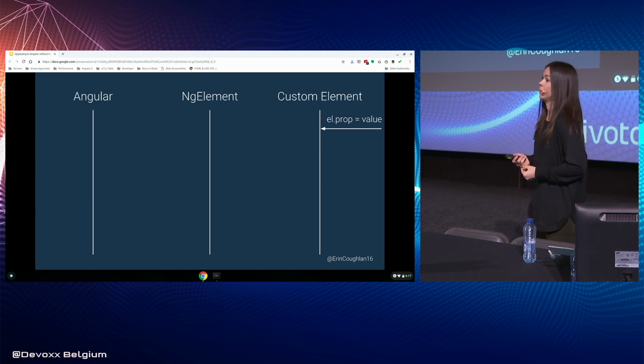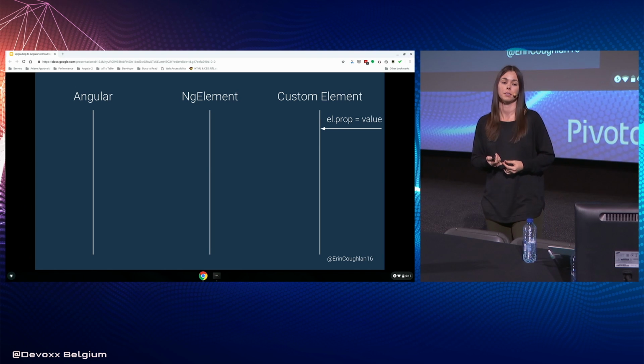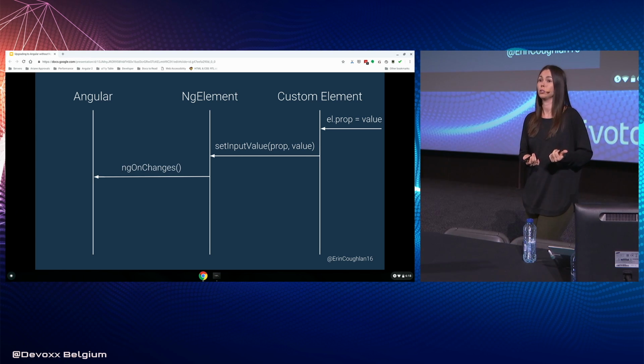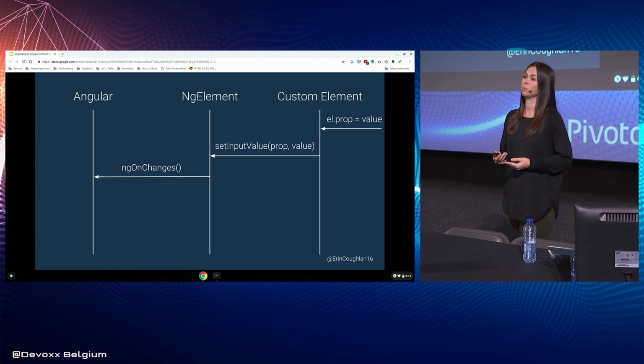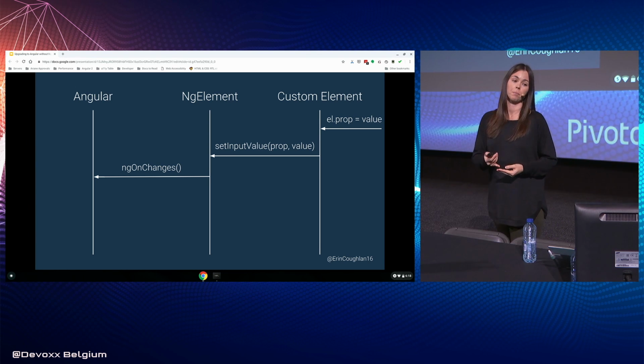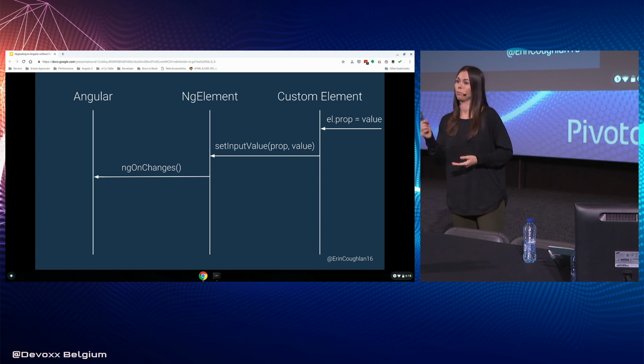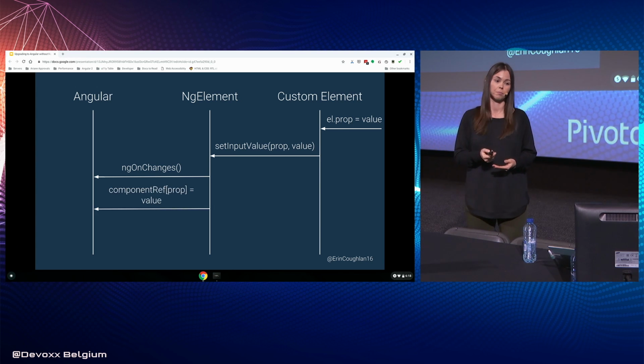We've jumped over to the other side. So we know our input in the custom element is a property. We set this on our ngElementStrategy, which then calls ngOnChanges. So we need Angular to be aware that this thing updated. We need it to trigger change detection and run any change functions you have.